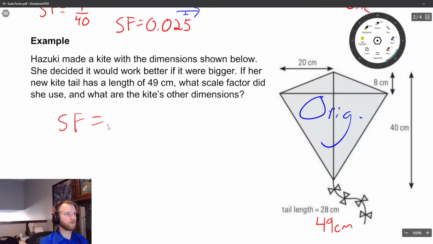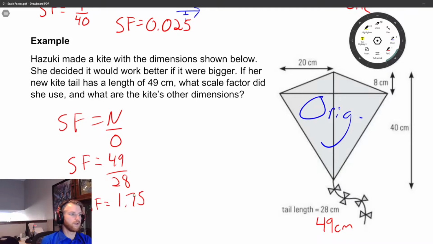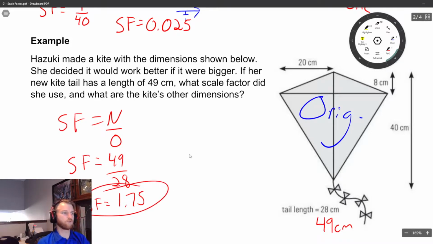So the scale factor is the new side divided by the original side. Our new side is 49, our original is 28. 49 divided by 28. Our scale factor then would be 1.75. So now we have that. Okay, that's the first part of our question. We found our scale factor.